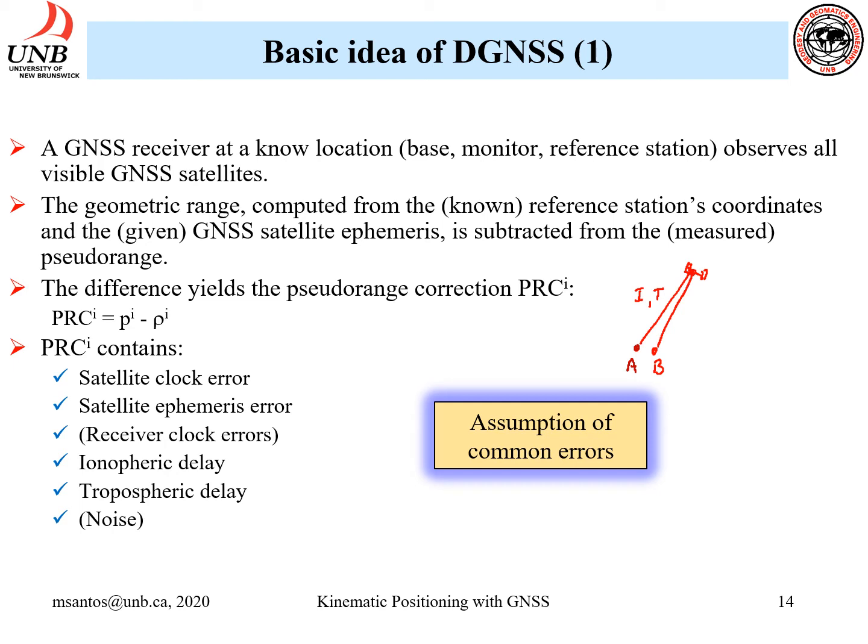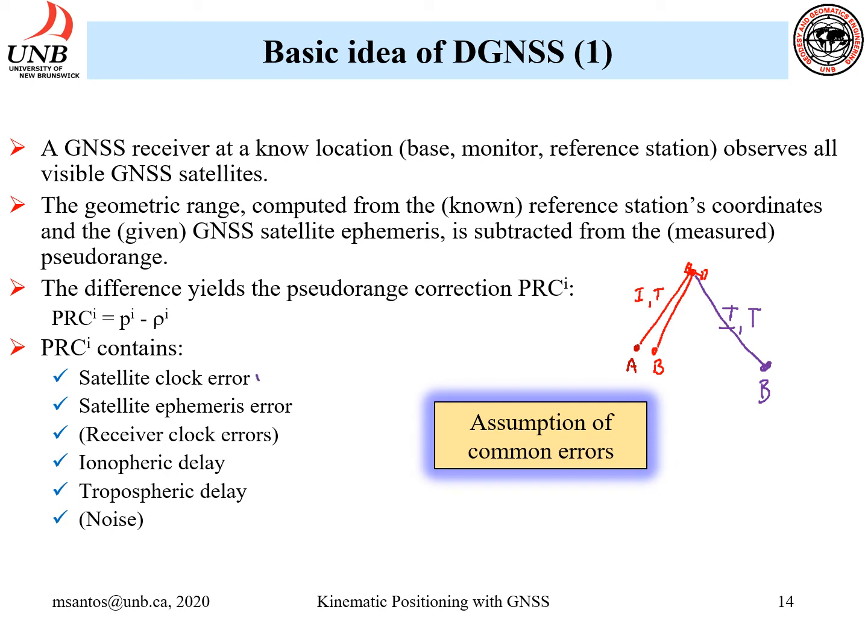But if the base station is far away from the rover, the ionospheric and tropospheric delays will be different, because the observations are crossing the atmosphere at different places.